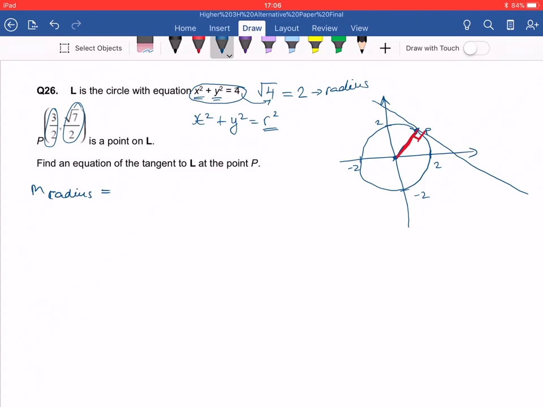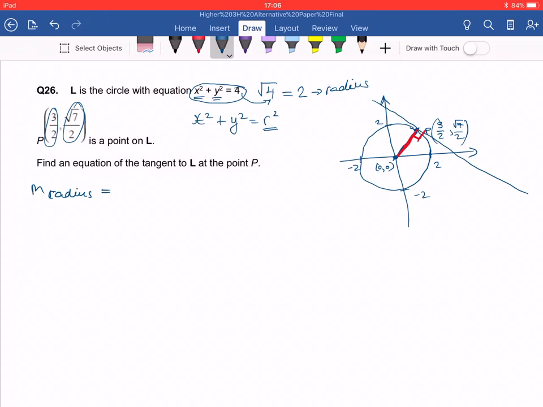So I need 2 points for gradient, because I need to do change in y over change in x. And I do have 2 points. One of them is P here, which is 3 over 2, root 7 over 2. And I've got another point here at the origin.